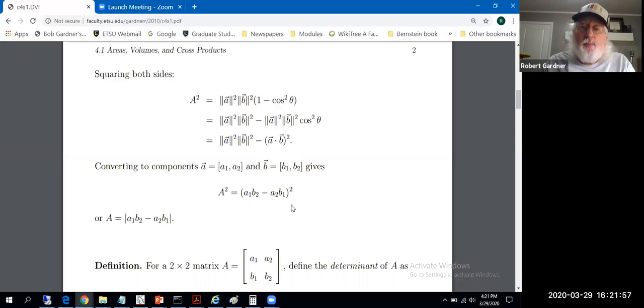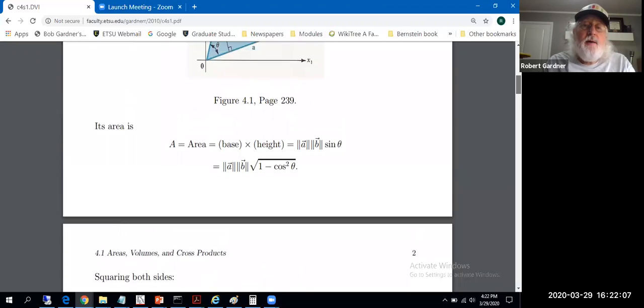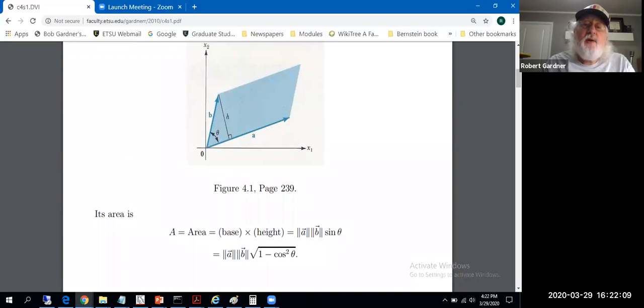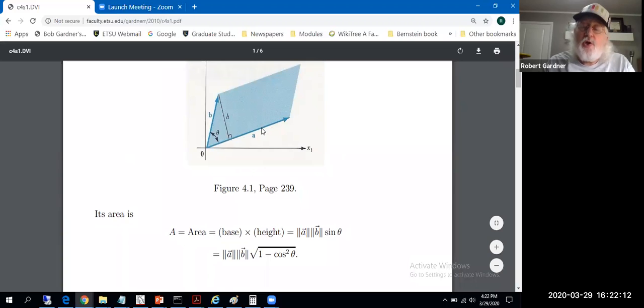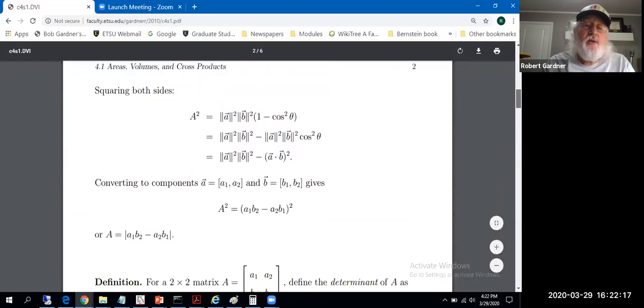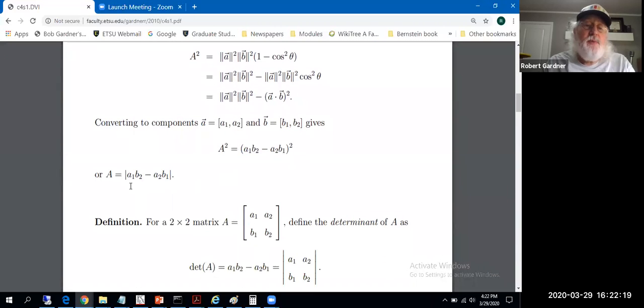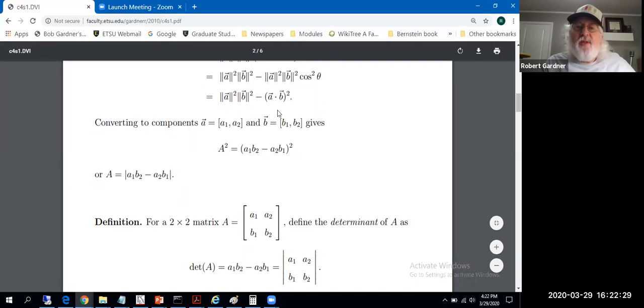That will produce an absolute value, because I don't know whether that's positive or negative. So we can express the area of this parallelogram determined by vectors A and B in terms of the components of vectors A and B as given here. Okay, that's barely vector calculus at all, other than the notation and maybe the fact we use dot products to find cosines.